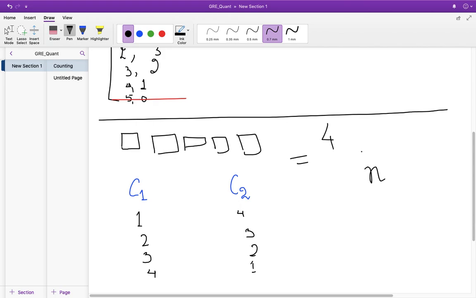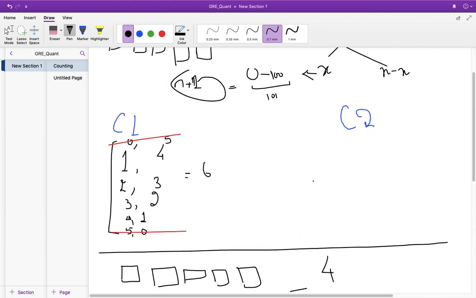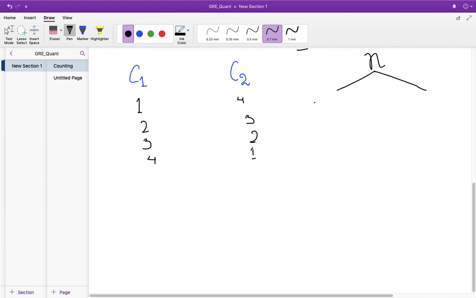A generalized version would be that we can break n into 0 to n. Let's say this is x, and this is what charity 1 gets, and charity 2 gets n minus x.